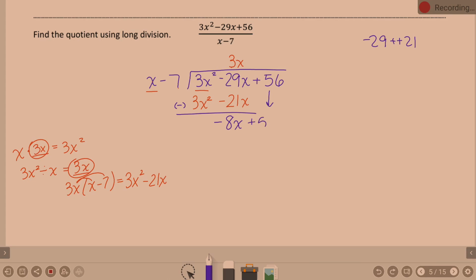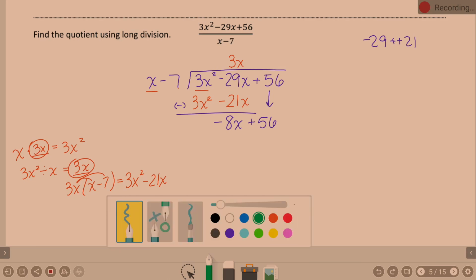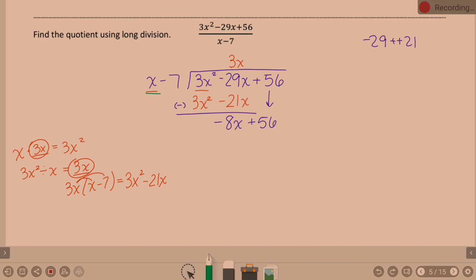Okay, and then repeat the process. Drop down the plus 56. And as you repeat the process, this time it's x, and we're asking ourselves into negative 8x. Are you there? X times what is negative 8x? Negative 8. Divide it if you prefer, right? What do I do with the negative 8?